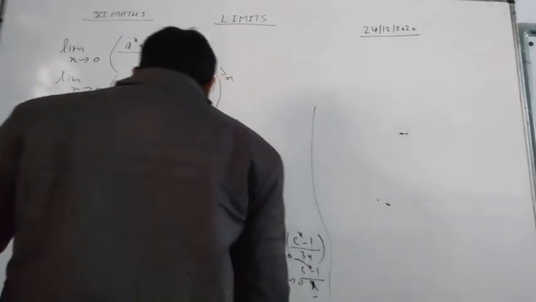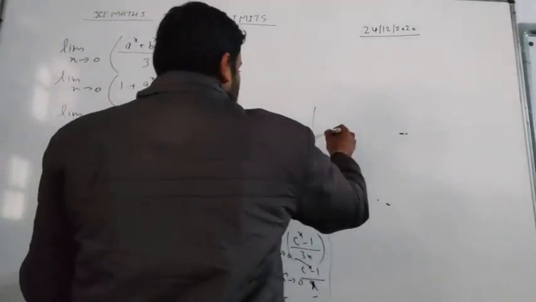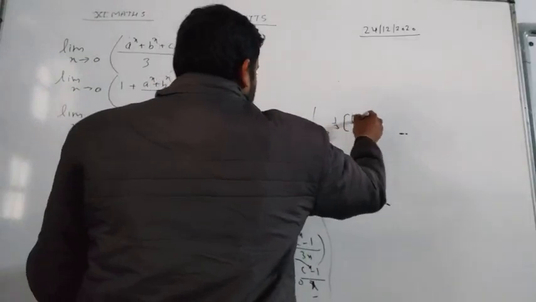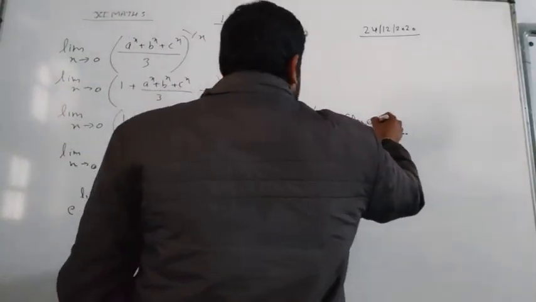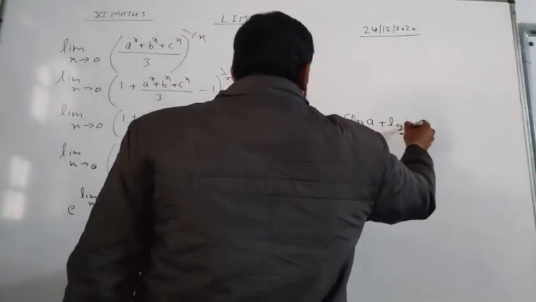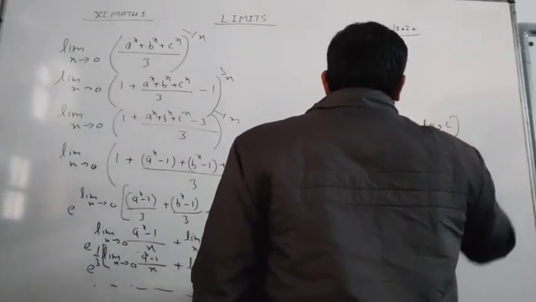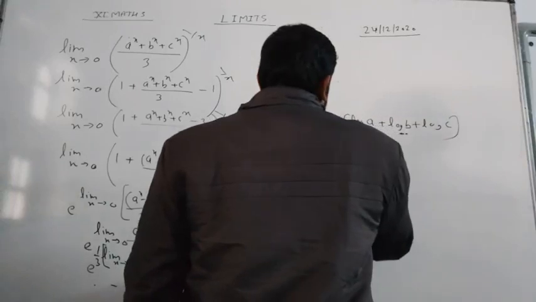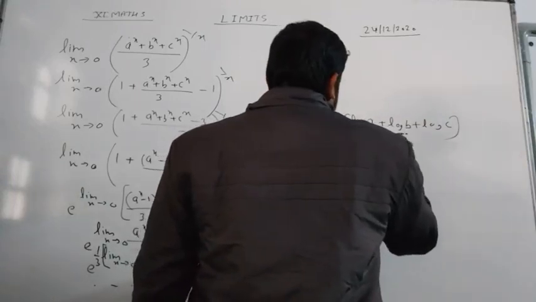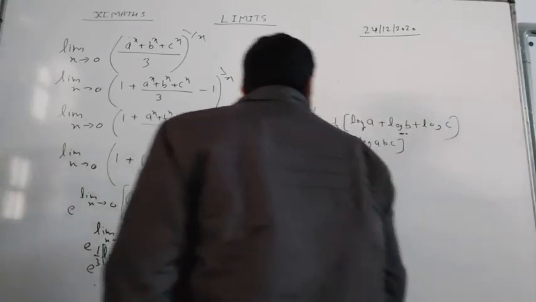So this is our e to the power 1 by 3 (log a plus log b plus log c). So e to the power 1 by 3, this is log abc, student. Okay.